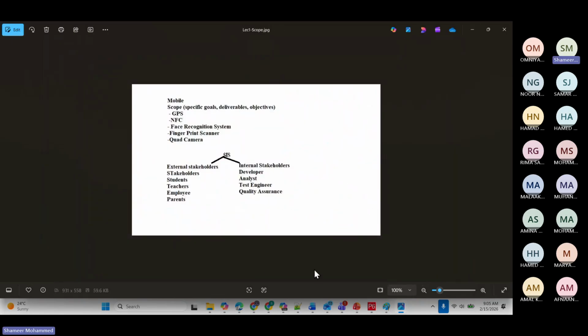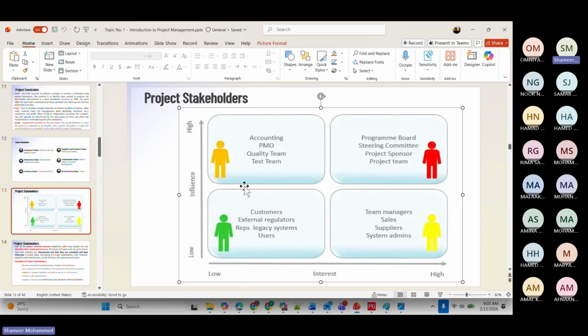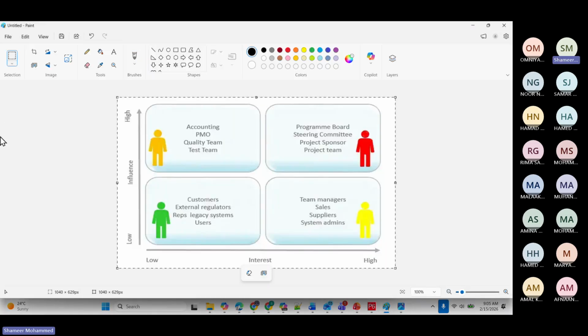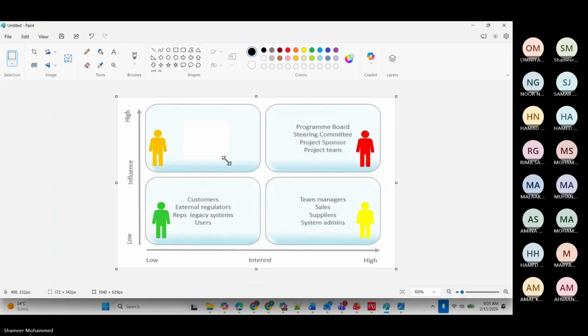I will tell you here. For example, this picture is given to you in the question, in the exam. You will not be given these things. You will not be given like this.